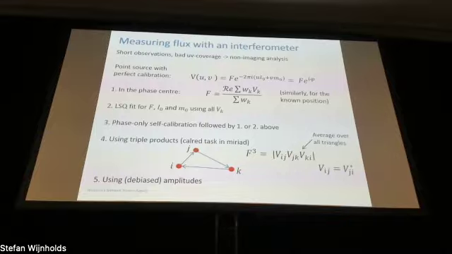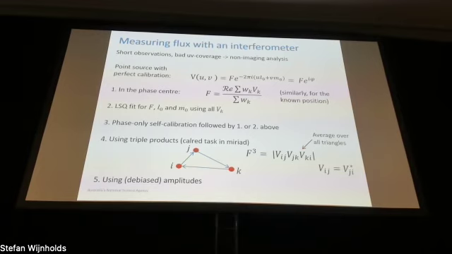The other option is to do just a least squares fit of this model to our visibilities. It might be a bit more robust to some subtle errors. Another option: do a phase-only self-calibration and repeat one of these 2 steps. We can use closure products, well, triple products.